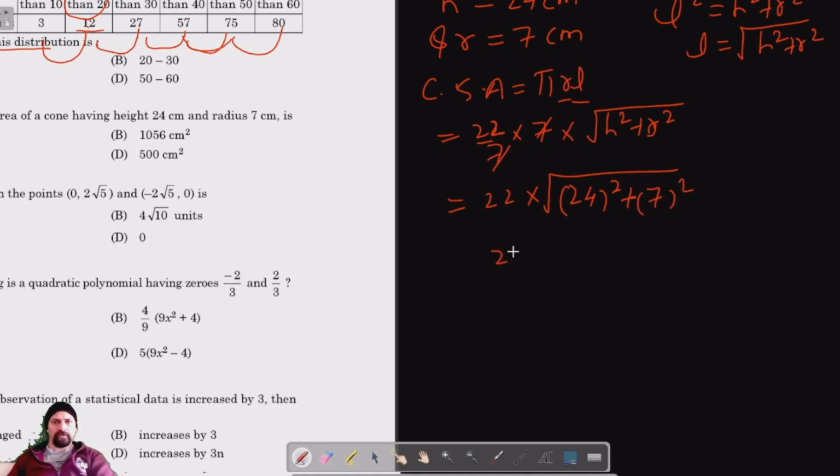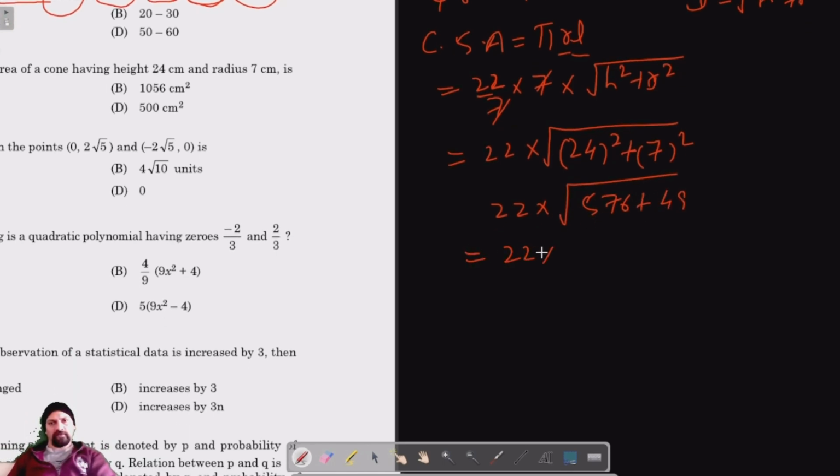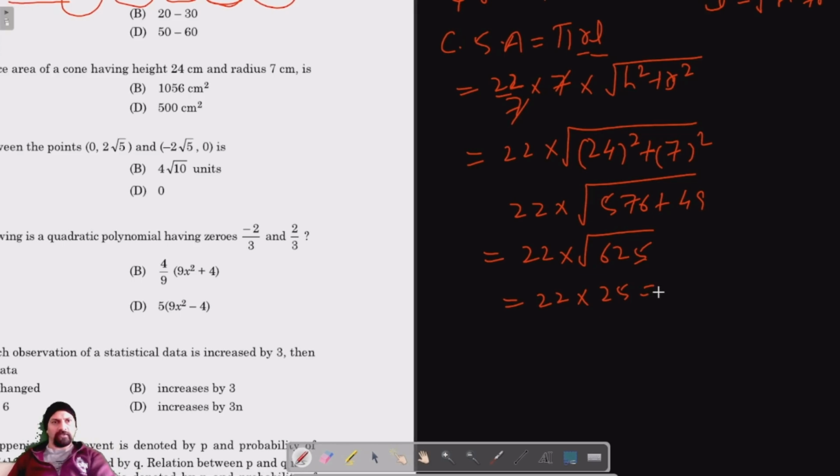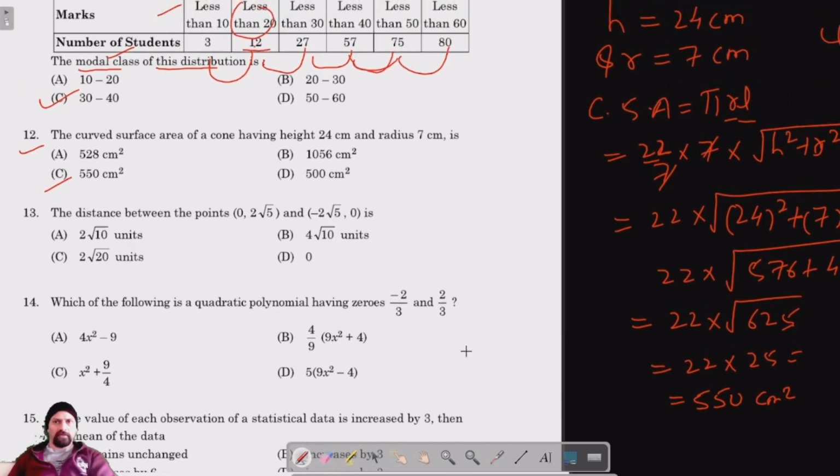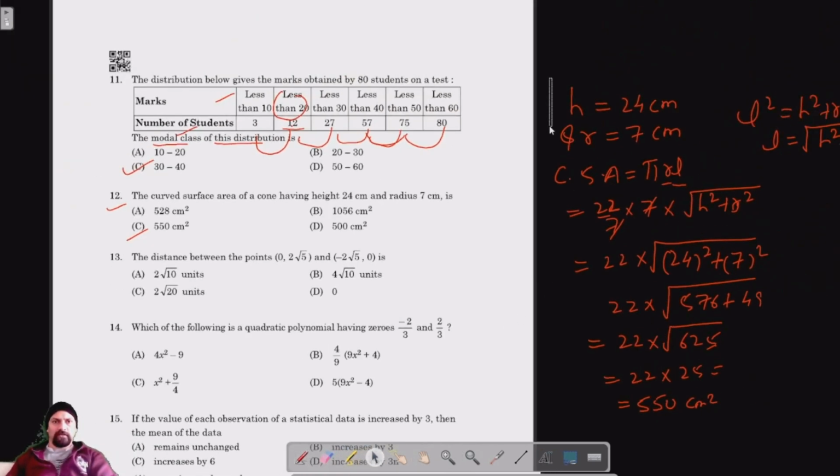So 24 square is 576, 7 square is 49, which will give us under root 625, which is 25, and 22 into 25 is 550 centimeter square. So C is the correct option.